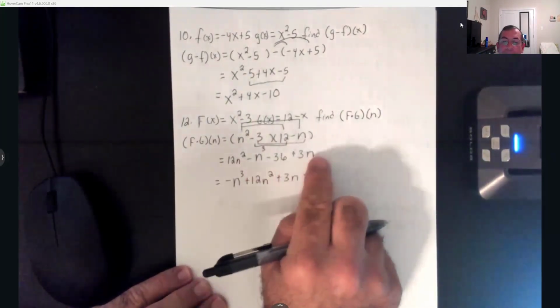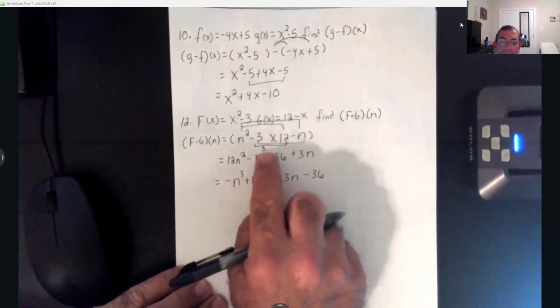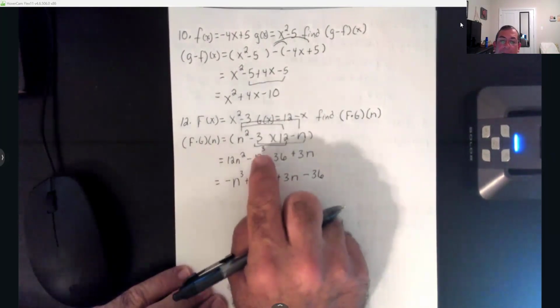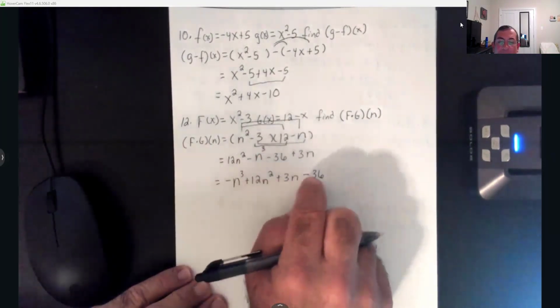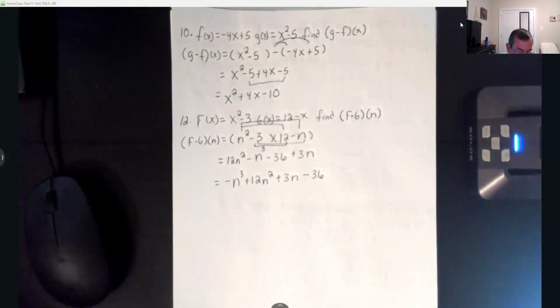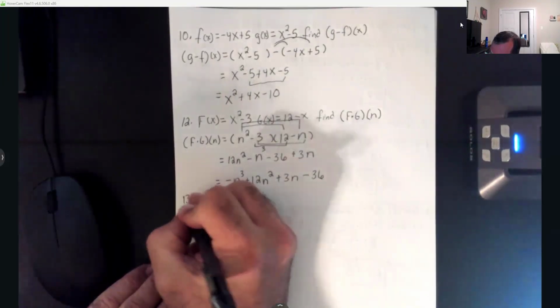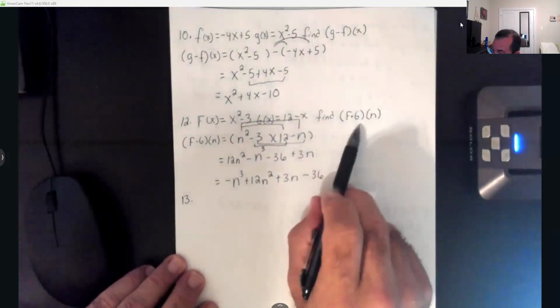I just rearranged them in descending order of exponents, but they still have their signs. The n cubed was negative and the 36 was negative.